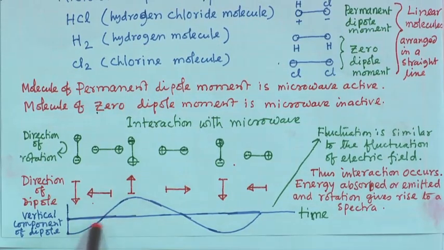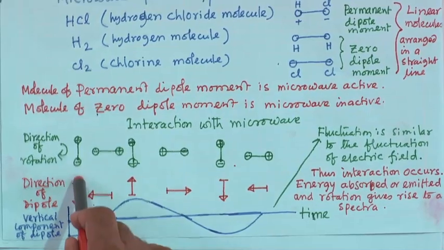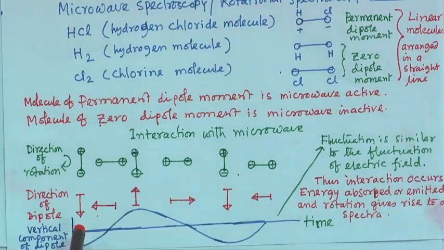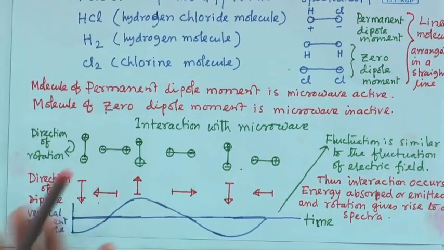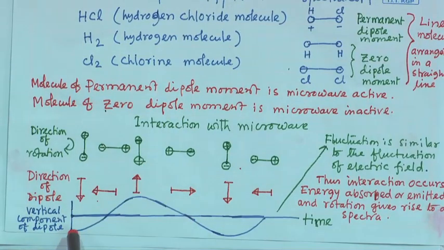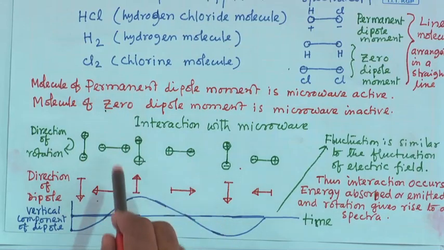We can show this fluctuation of dipole with time if we take the vertical component of the dipole, okay. In this direction its magnitude is maximum, but in the negative direction. Now it is rotating, so its value changes. When it is in this direction, the vertical component is 0.